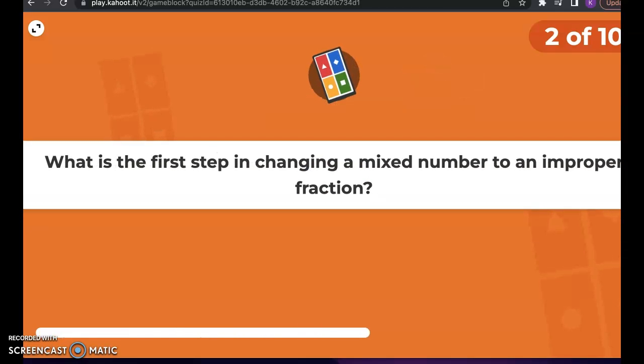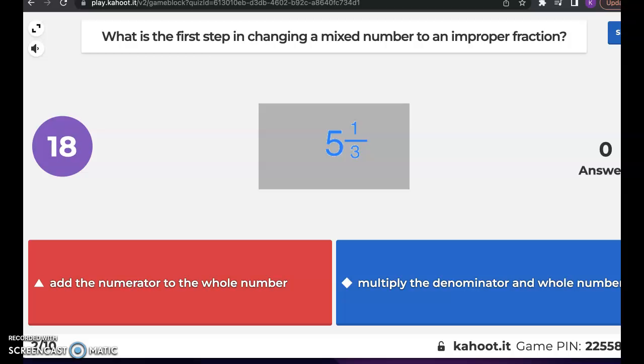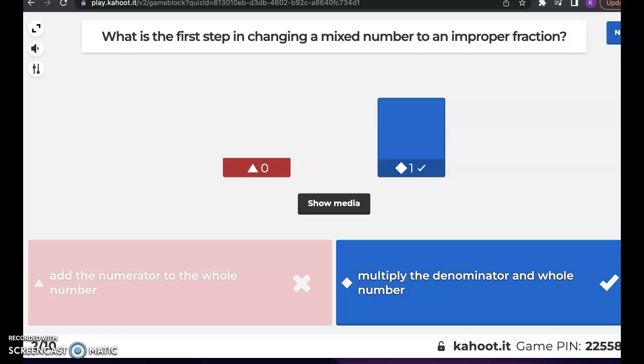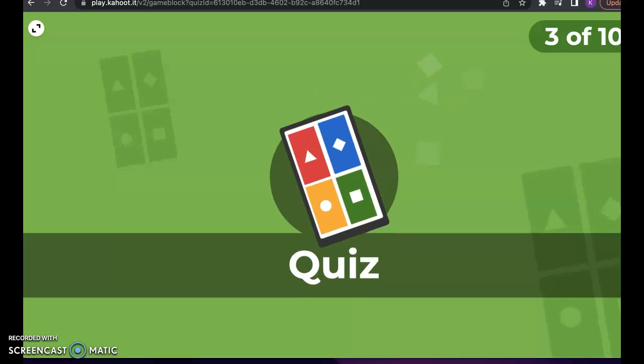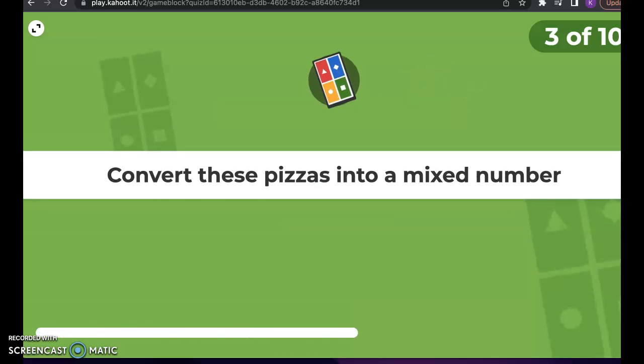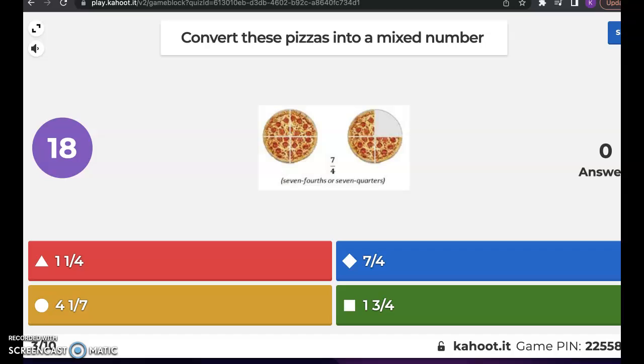What is the first step in changing a mixed number to an improper fraction? Add the numerator to the whole number, or multiply the denominator and the whole number. Convert these pizzas into a mixed number, so we're working with the visual here.